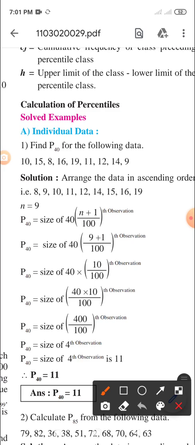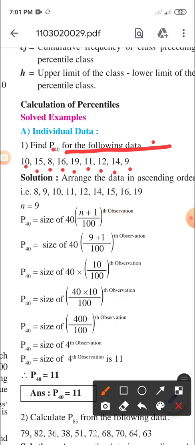So find out P40 for the following data. The data is given: 10, 15, 8, 16, 19, 11, 12, 14 and 9.